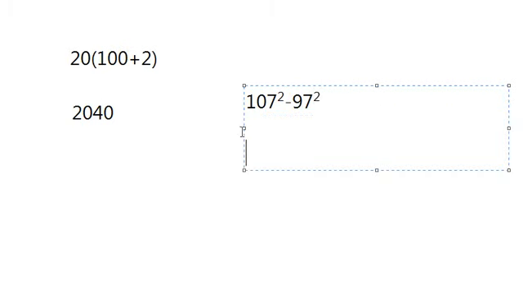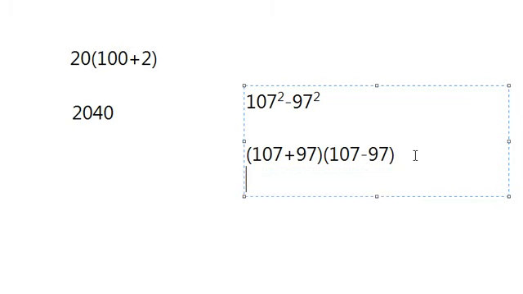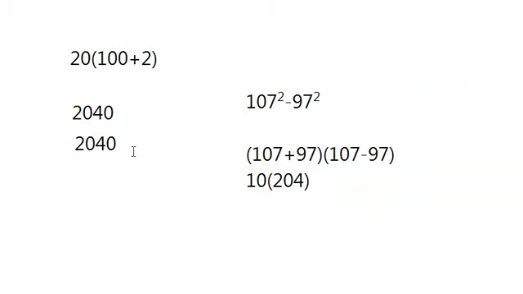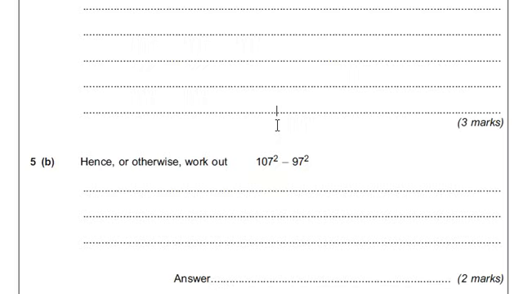If it's difference of squares, then it would be 107 plus 97 times 107 minus 97, which will leave you with 10 times 204, which is 2040, and that actually matches the previous answer. So that is two ways of solving that particular exam question.